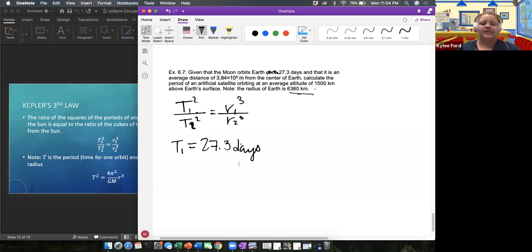But for the sake of it, I am going to convert it into hours since I am looking at an artificial satellite that's orbiting us. I just know from experience that they don't take days to travel around the Earth. They more than likely take hours. So I'm going to convert this into hours real quick.